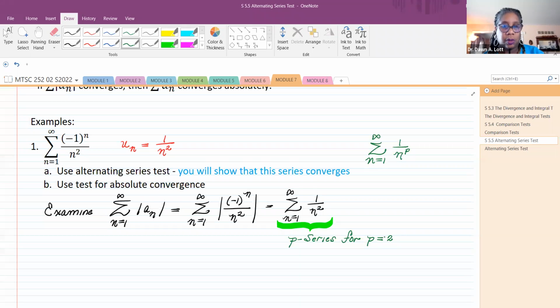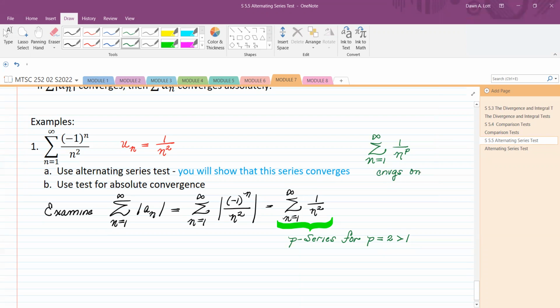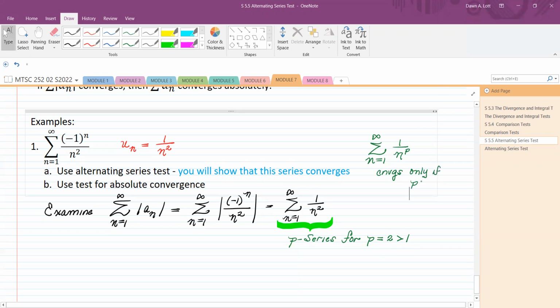Okay, we're getting close. So I got a little bit from each of you. This actually only converges when P is greater than 1. So it converges when P is greater than 1, but diverges when P is less than or equal to 1, right?